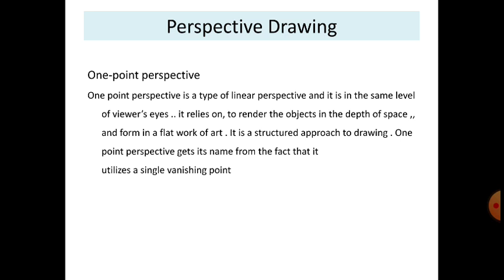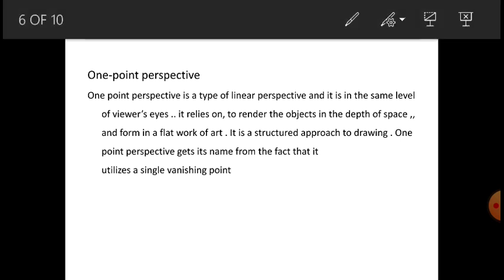The point from where all the projection lines diverge out, and these objects are to be drawn. So if the source of these projections is only 1 point, then it is called 1 point perspective. From only 1 point, all the objects are to be drawn. That is called 1 point perspective.